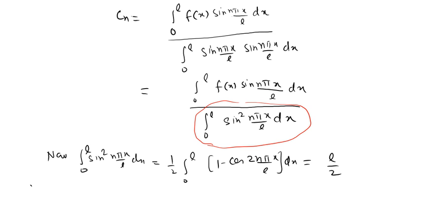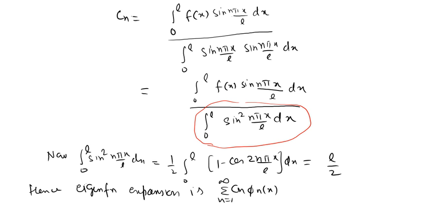So hence, finally the eigenfunction expansion is the sum from n equal to 1 to infinity of Cn phi n(x), where Cn is, so just fit the integral, 2 by L times the integral from 0 to L of f(x) sine n pi x by L dx.